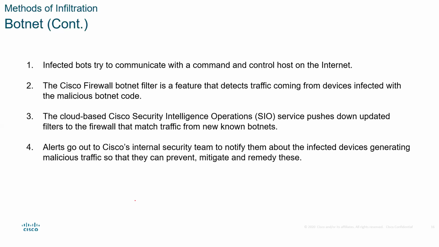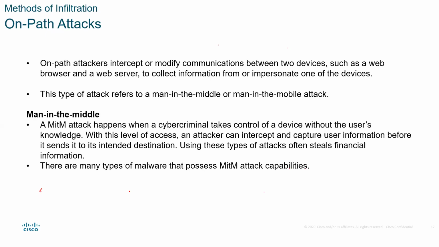The cloud-based Cisco Security Intelligence Operations (SIO) service pushes down updated files to the firewall that match traffic from new known botnets. Alerts go out to the Cisco internal security team to notify them about infected devices generating malicious traffic, so that they can prevent, mitigate, and remedy it.